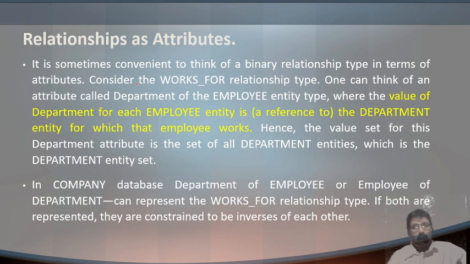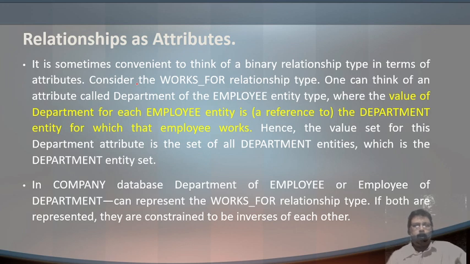There may be some confusion here, so I repeat: the relationship can be considered as an attribute. When we consider the works for relationship, one can think of an attribute called department of the employee entity type.